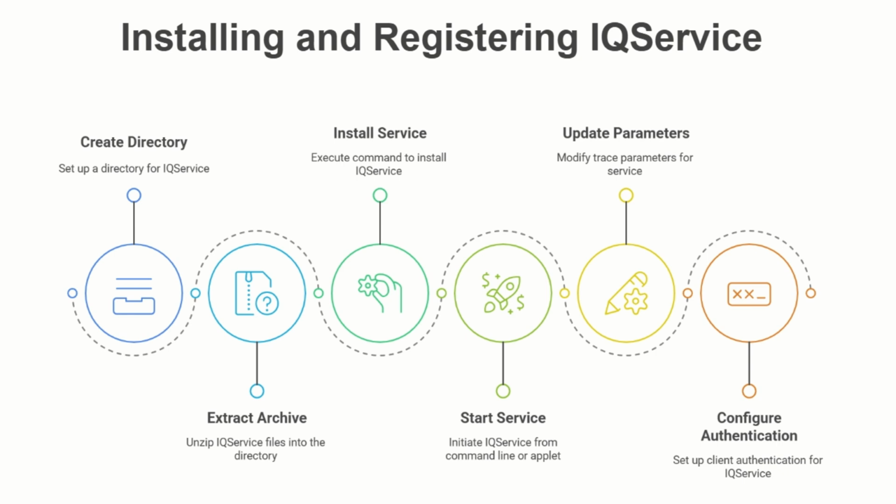To ensure the authentication works correctly, IQ service expects the client to send the credentials of a user that is already registered with every request. You can do it by going to services, right clicking on IQ service, then properties, and you can update the configurations there. You need to provide a domain user, password, and all.